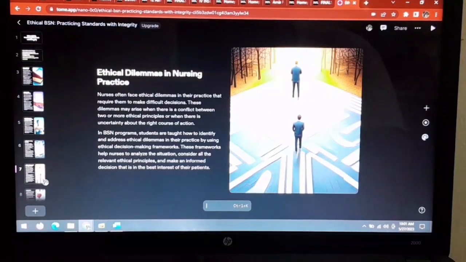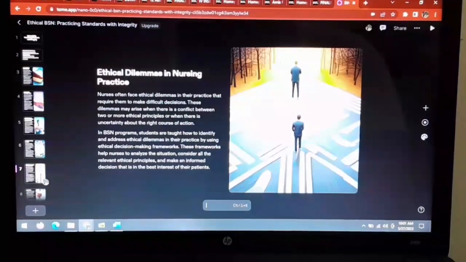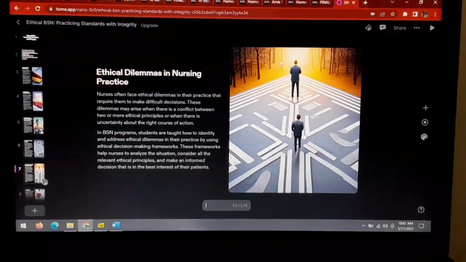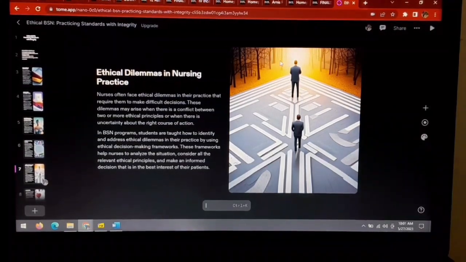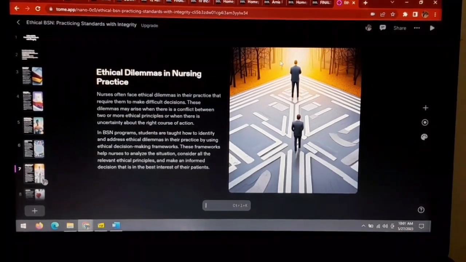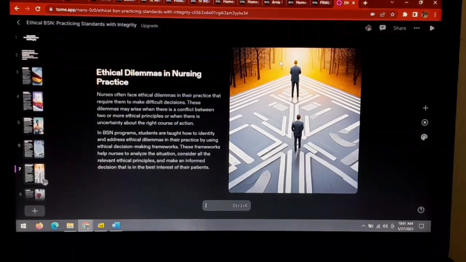So, what is this? Ethical dilemmas in nursing practice. Nurses often face ethical dilemmas in their practice that require them to make difficult decisions. These dilemmas may arise when there is a conflict between two or more ethical principles, or when they are uncertain about the right course of action.